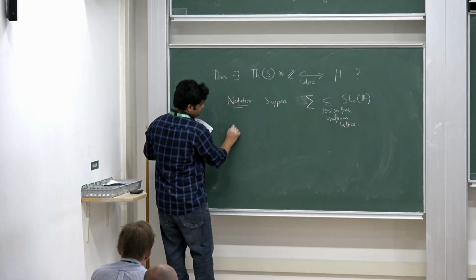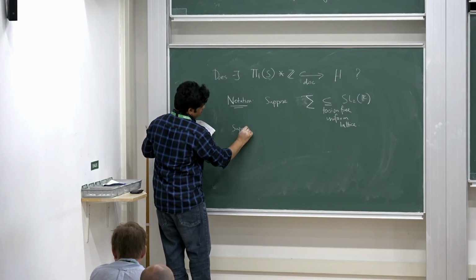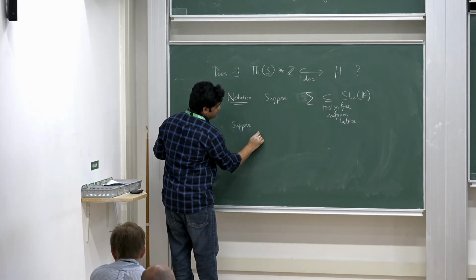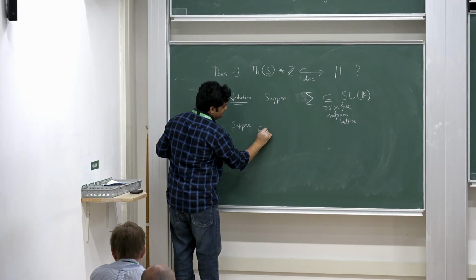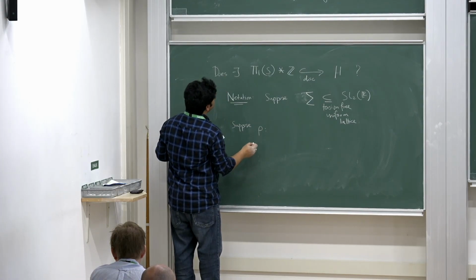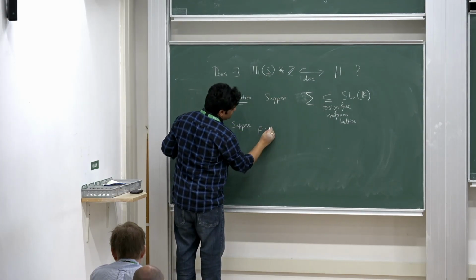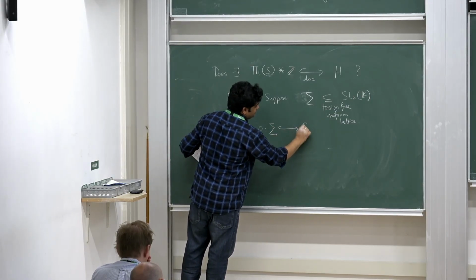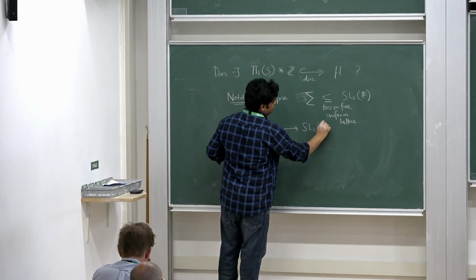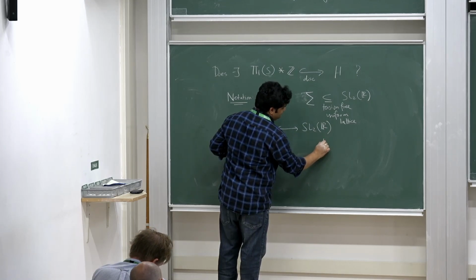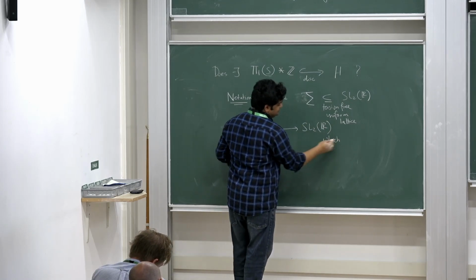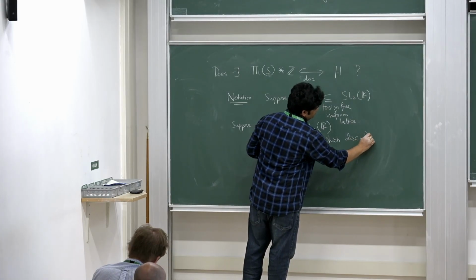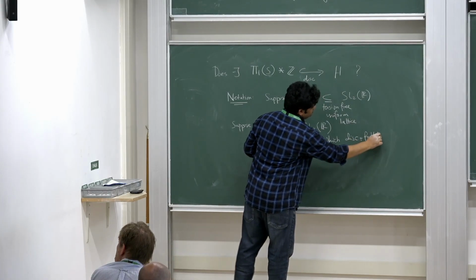And suppose we perturb this representation. Let rho be another embedding of this inside SL2R, which is a lattice embedding, so it is discrete and faithful.